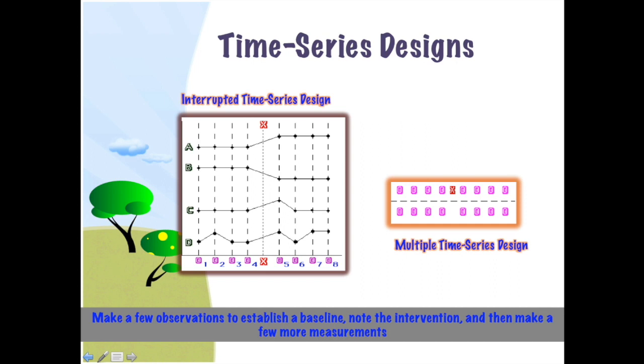Another type of time series design that can occur kind of unexpectedly is known as an interrupted time series design. Similar to the time series design we talked about just now, this one is not within our control either. The treatment is not introduced by the researcher, but instead is happening naturally.